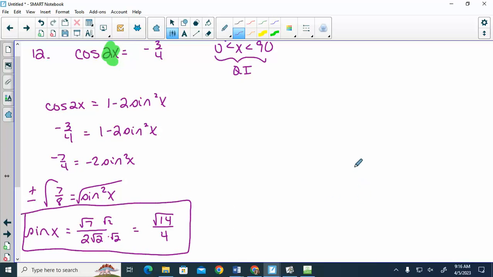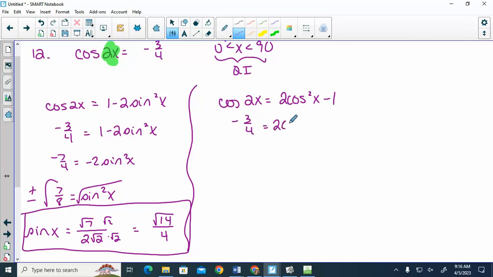Once I have one of these, I can get the other one a couple different ways. I could get cosine by doing the same thing, just with the formula that involves cosine. So I could do 2 cosine squared x minus 1, and I know my cosine 2x. So you just get your cosine by itself.